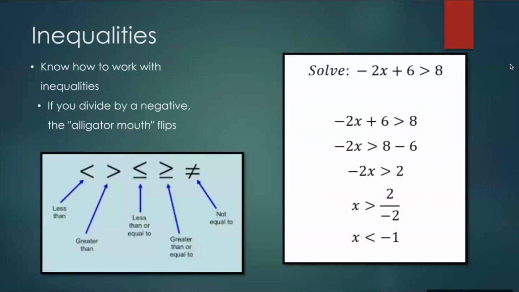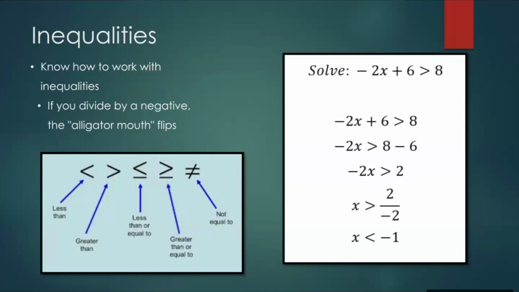Next is inequalities. We need to know how to work with these. So if you divide by a negative, the alligator mouth flips. We'll talk more about this on the right picture. However, let's just go over first what the different symbols mean.